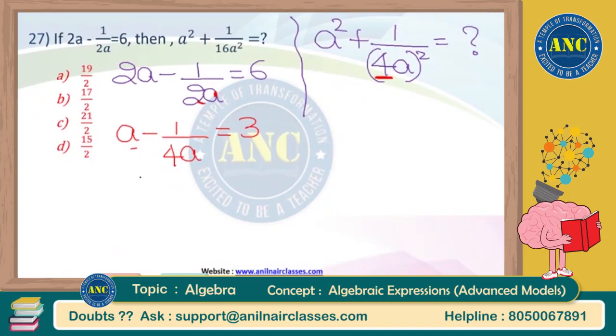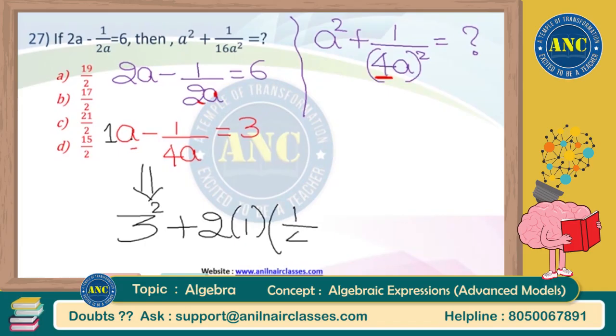That means the answer should be k square, that is 3 square plus 2 into a. A is the coefficient of a, which is 1. B is the coefficient of 1 by a, so it is 1 by 4.